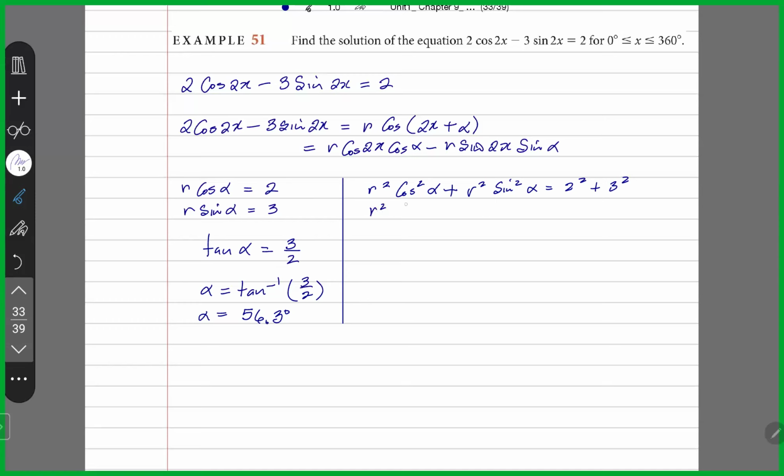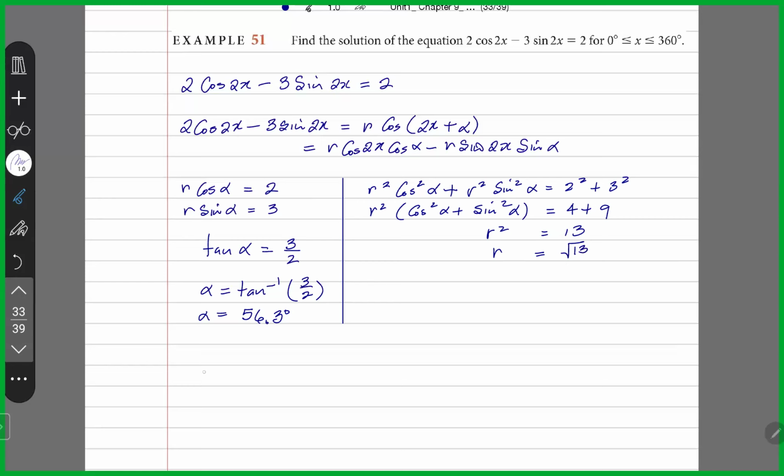R squared times cos squared alpha plus sine squared alpha is equal to 4 plus 9. R squared is therefore equal to 13, and so r would be the square root of 13.